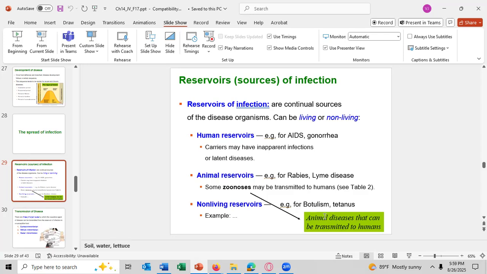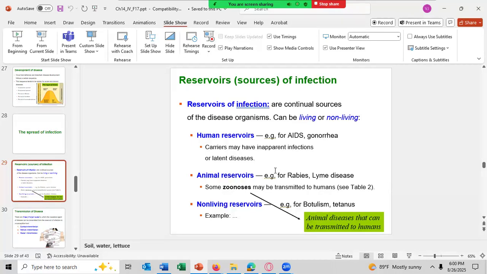Human reservoirs are common reservoirs for human diseases. Some diseases, like AIDS and gonorrhea, only come from a human reservoir. That may not have been true the very first time that humans came down with AIDS or HIV, but ever since then, almost every case of HIV infected person came from another human.